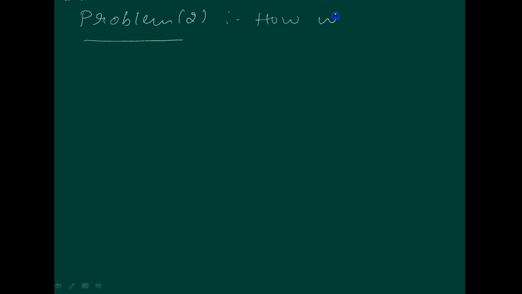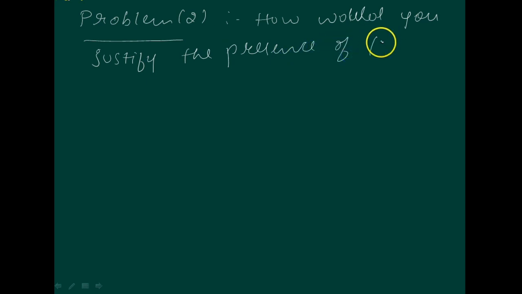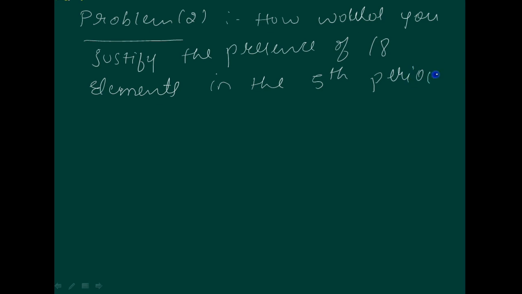How would you justify the presence of 18 elements in the fifth period of the periodic table?